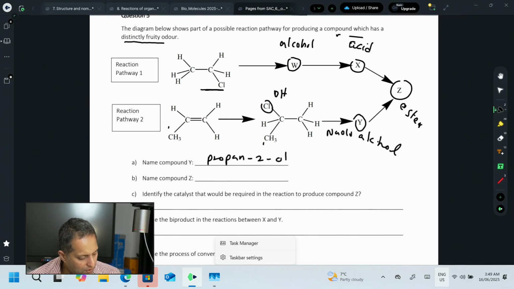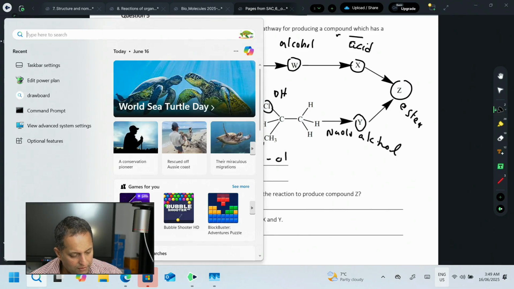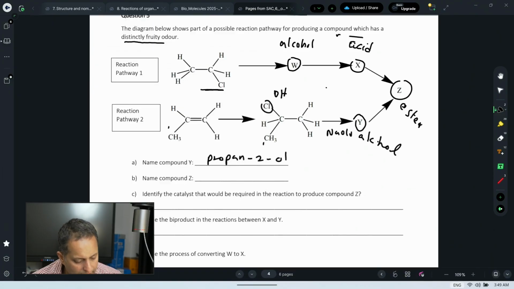Compound Z. Before we start looking at propan-2-ol, we need to work out what the alcohol is. This is chloroethane.